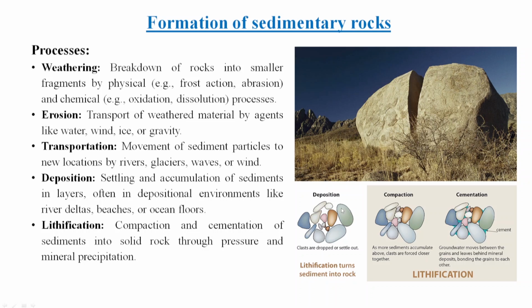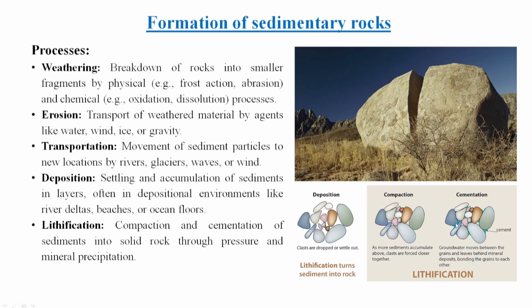So, here is a simple example you can see of deposition, where different fragments or clasts are present, which are getting compacted during the lithification process. Finally, they are also getting cemented by the movement of water or groundwater.